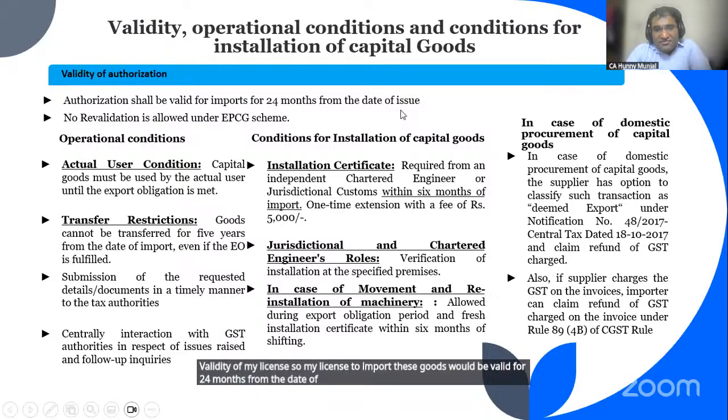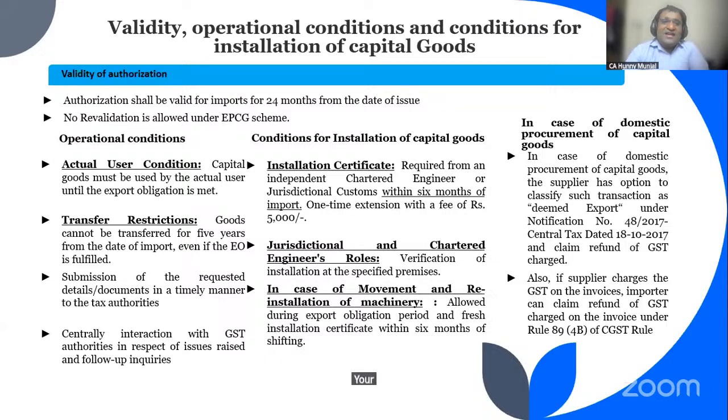If you have got the authorization to import on 1st April 2025, your authorization would be valid for 2 years, which is till 27. Till 27, you can import it.